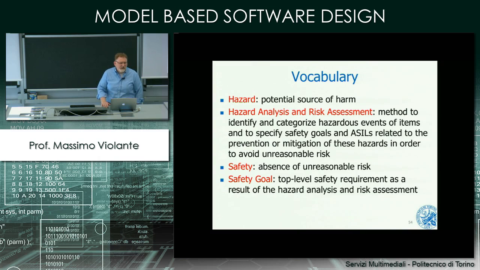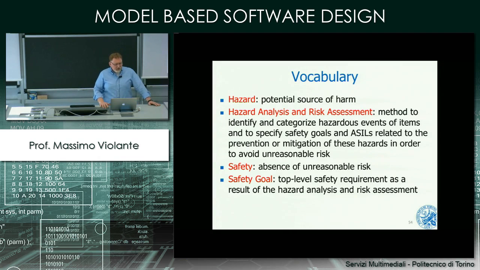So we are not able to tell that it is the time for braking the car because there is an obstacle that is hidden to us, that is coming towards us, and we have the risk of an incident. We will see later on an example of this. In general, the hazard is the source of the harm.